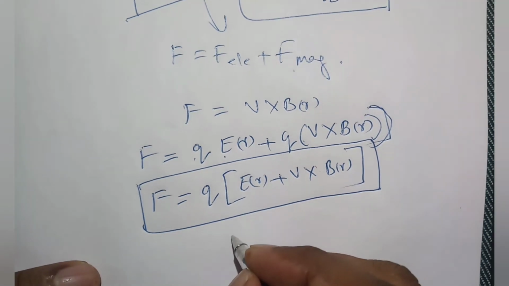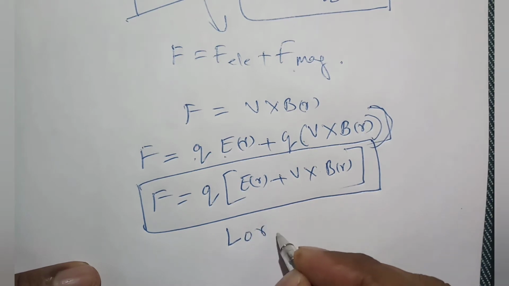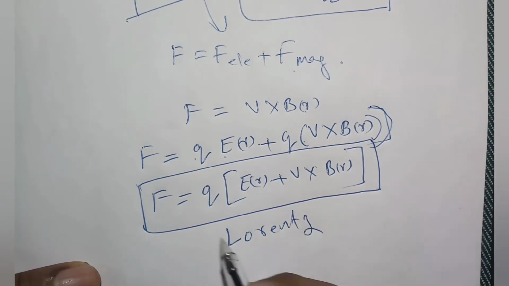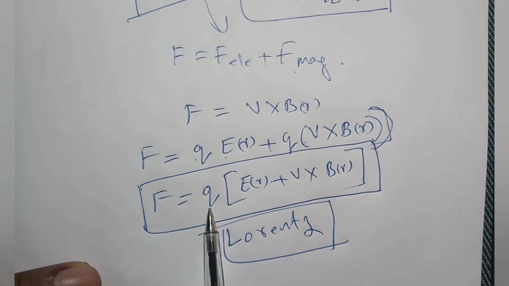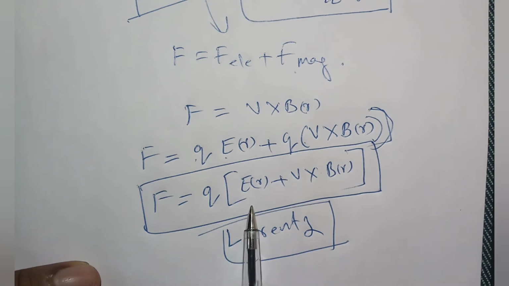So this force is called as Lorentz force. Okay, this force is called as Lorentz force. So when a charged particle is moving in both electric and magnetic field, the net force is given by this equation, and this total force is called as Lorentz force.